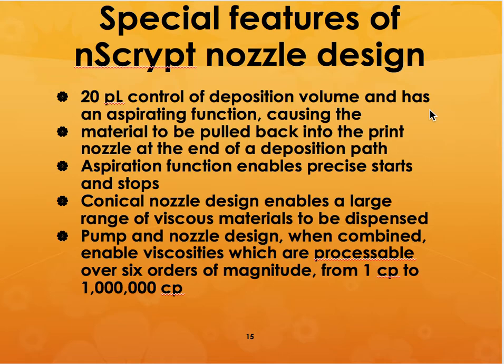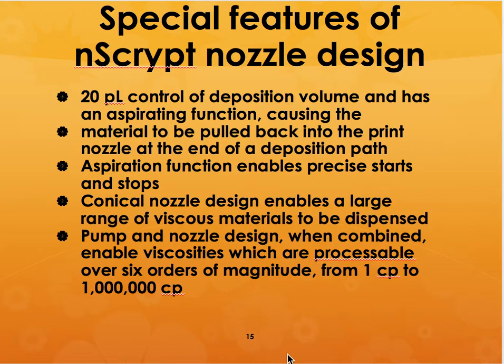And it can cause the material to be pulled back into the print nozzle at the end of the deposition path. And you can have an extremely large range of viscous materials to be dispensed, from 1 centipoise to 1,000,000 centipoise.